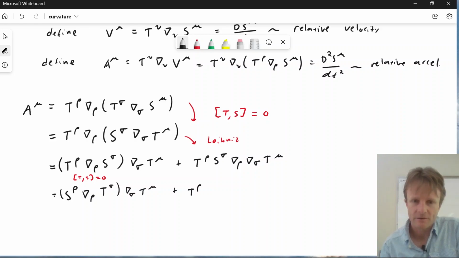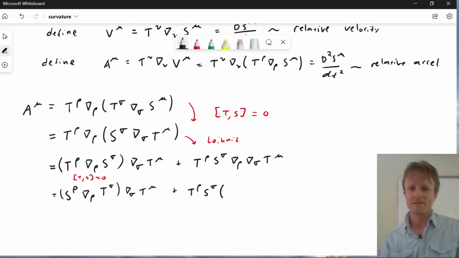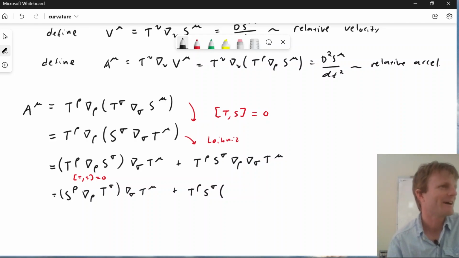And now for the second term, we're going to use an equation that hopefully you will soon practice on the homework, but I don't think have yet, which is commuting covariant derivatives. Anyone remember how to commute covariant derivatives acting on a tensor? From last time. It was one of the 3 characterizations of curvature that we gave. Yeah, I know you know this.